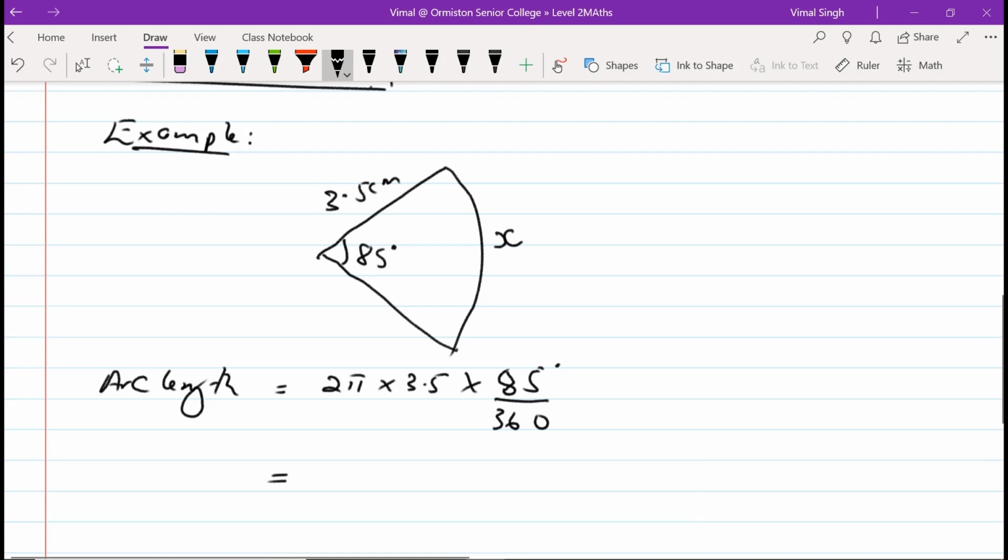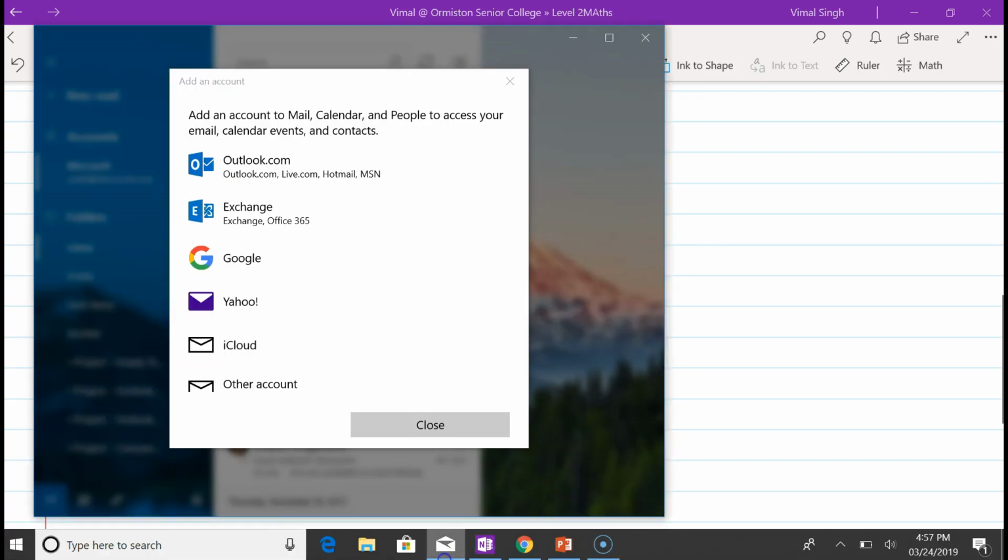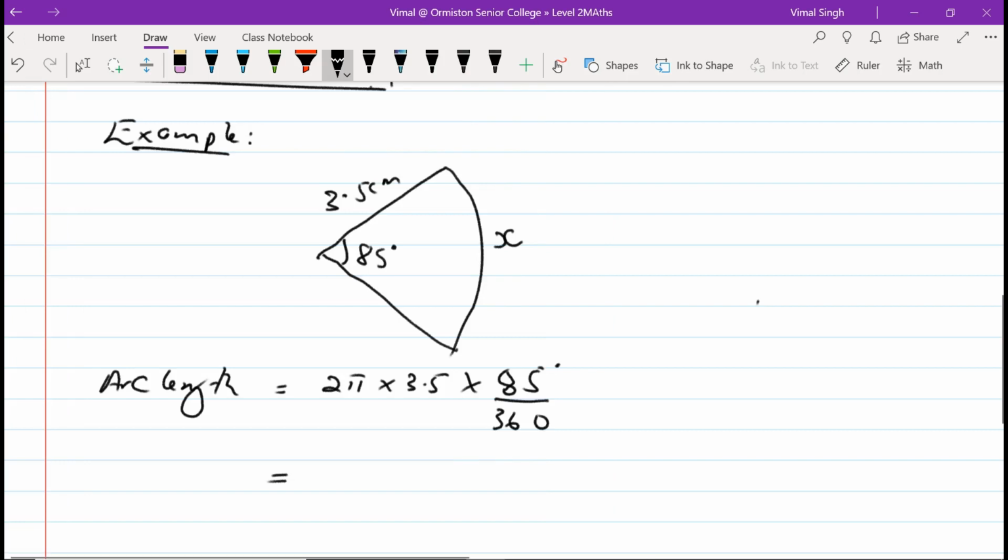And if we do this calculation, 2 times pi times 3.5 times 85 over 360, that gives me 5.192, and I'm going to round this to 5.2 centimeters. So the length of that arc is 5.2 centimeters.